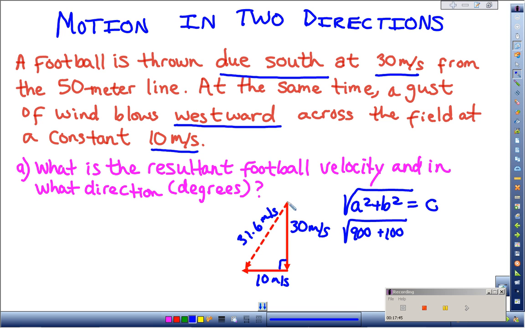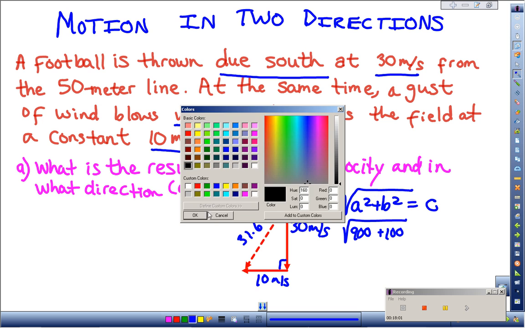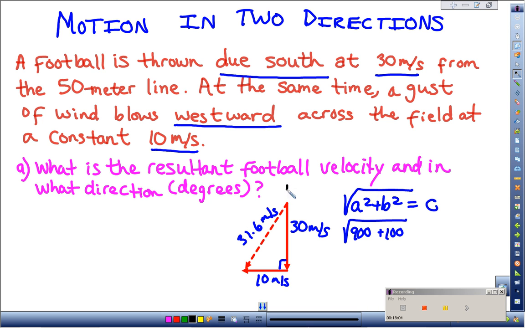That is the resultant velocity of the football as you throw it due south and the wind also carries it at the same time due west. Now, just finding the resultant velocity is not enough for us. We also need a direction. The direction is always going to be given from some particular axis, and it's always convenient to start that resultant vector on some XY axis system.